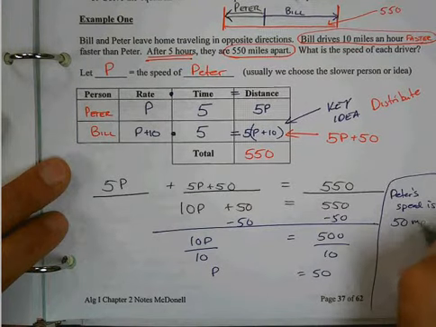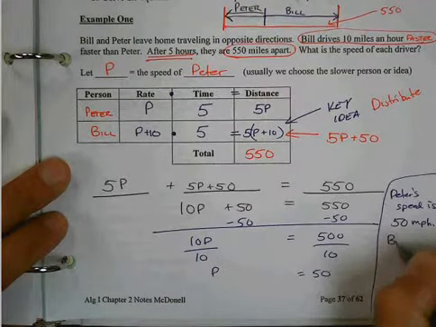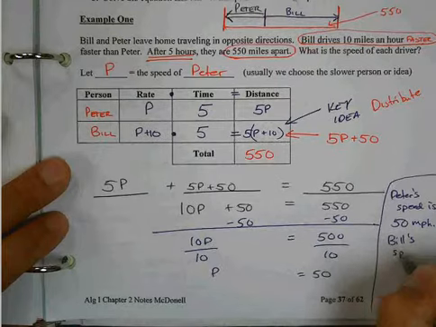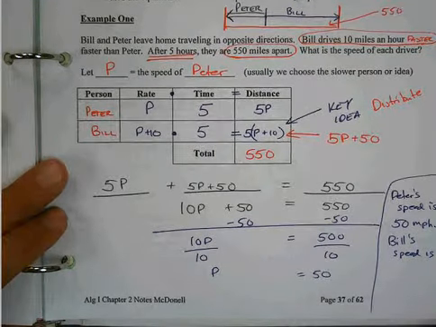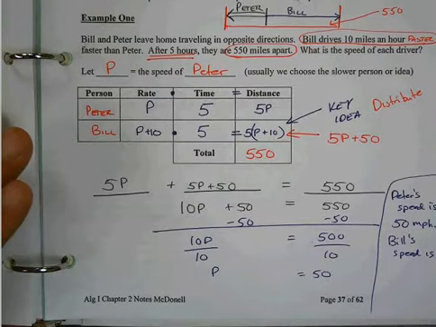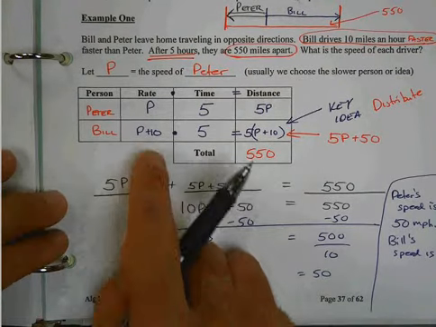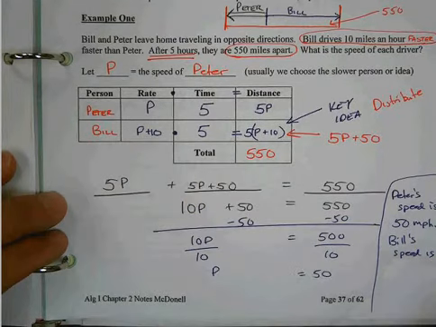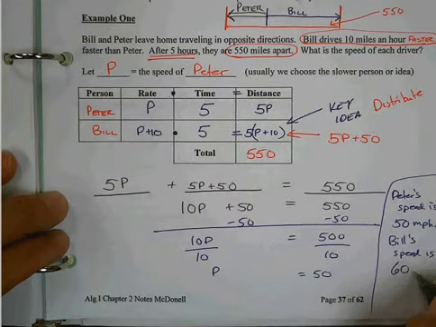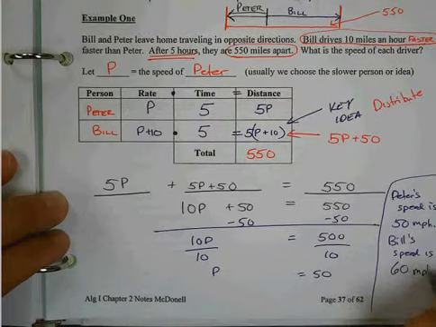Miles per hour. Bill's speed is, how do I find out Bill's speed? Just do what to it? Well, how does Bill compare to Peter? Kyle? At 10. So Bill's speed is 60 miles per hour. And there we go.